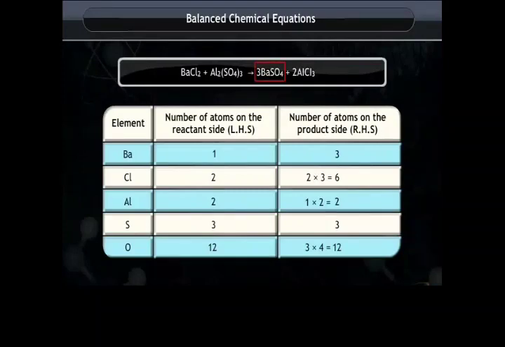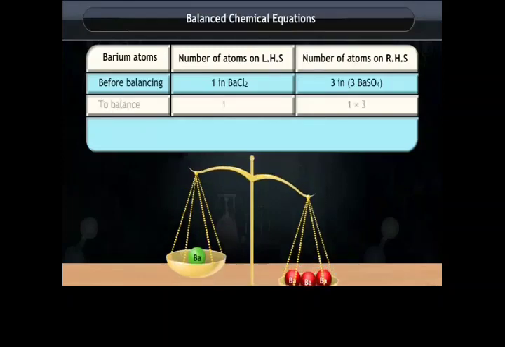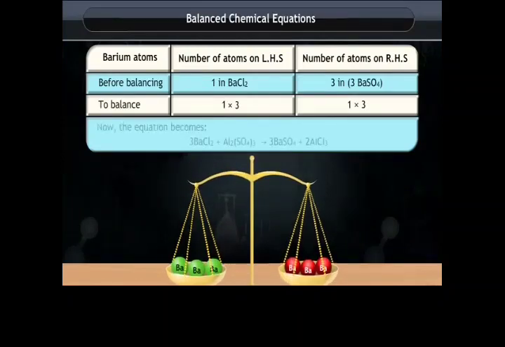To balance the number of oxygen atoms, we can multiply barium sulfate present on the right hand side by 3, as shown below. It should be kept in mind that coefficient 3 will be written as 3BaSO4 and not as BaSO4(3).